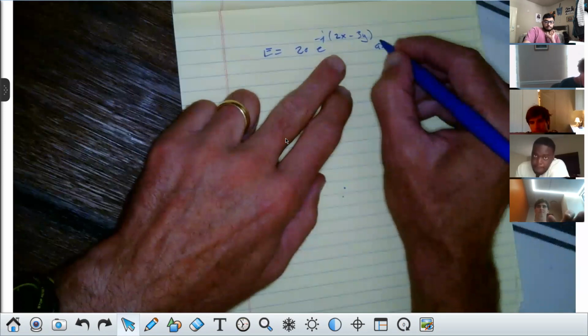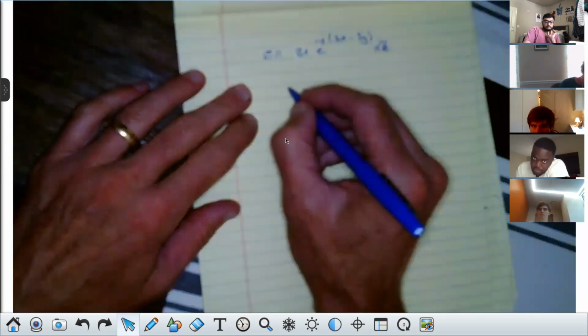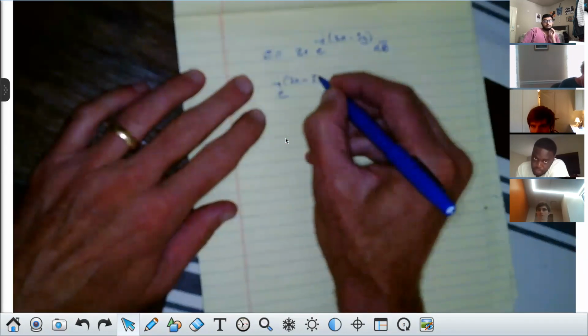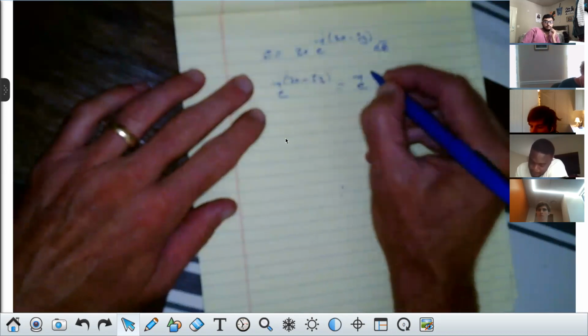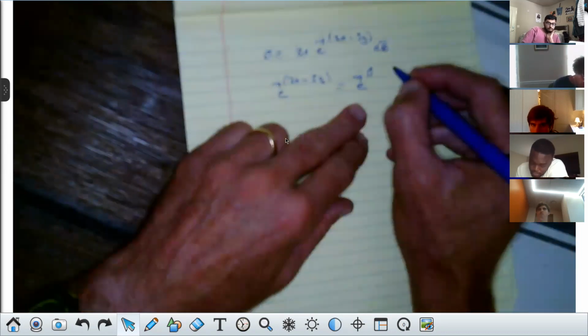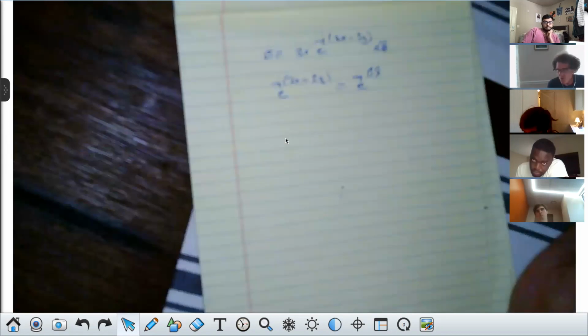All right, now this E to the minus J quantity 2X minus 3Y really looks like E to the minus J some effective beta, and then it's in some, I'll call it an X prime direction. It's neither X nor Y.